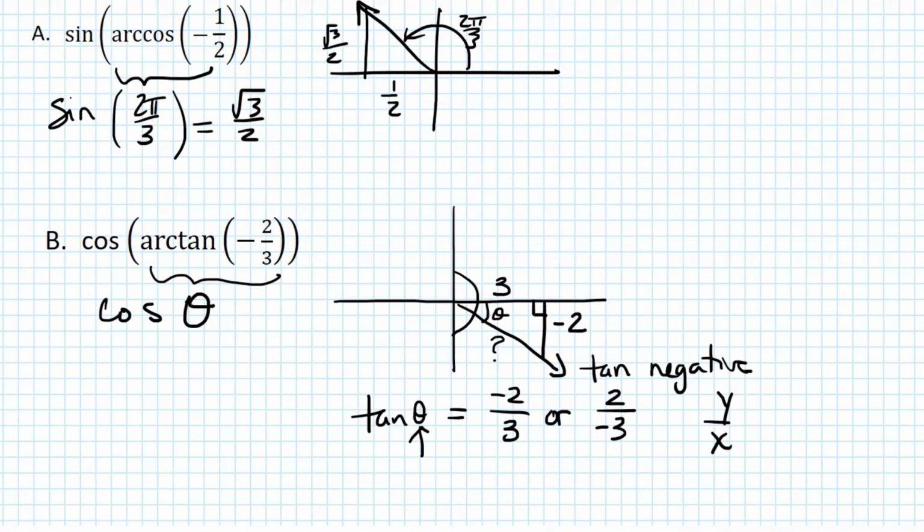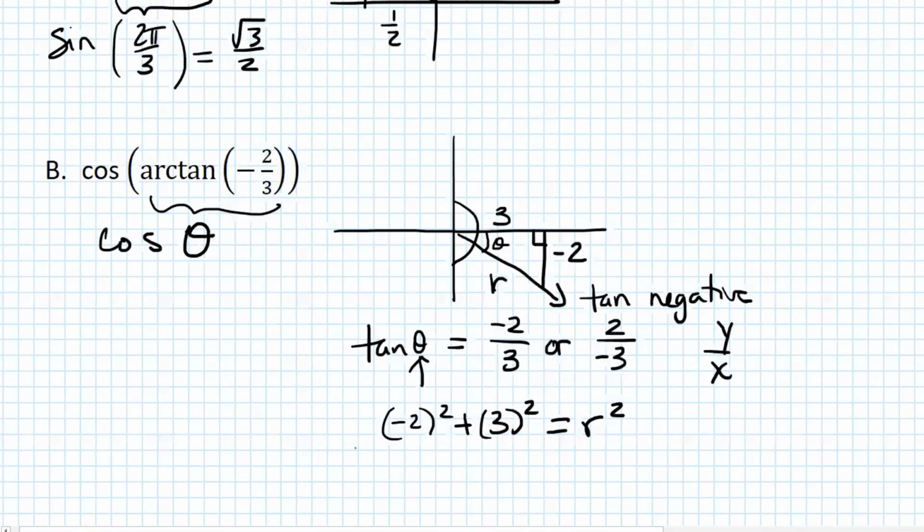I'm going to call the hypotenuse R, because that's what we usually call it. So we're going to have -2 squared plus 3 squared equals R squared. So that means 4 plus 9 equals R squared. So R is the square root of 13. By the way, R is always positive.